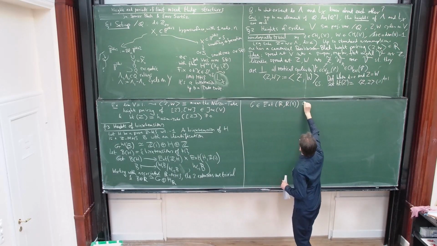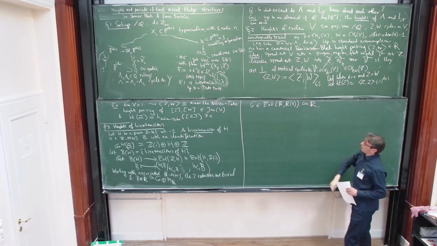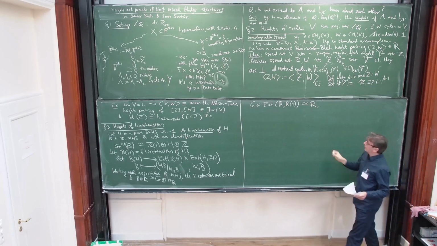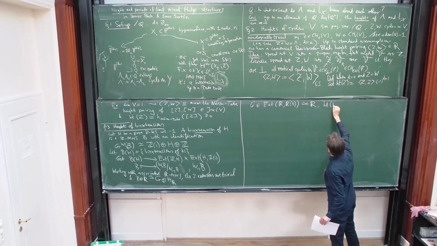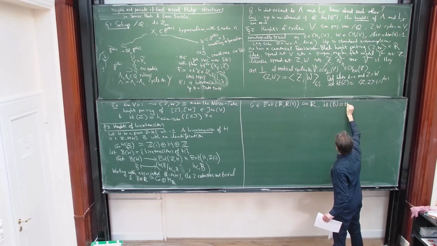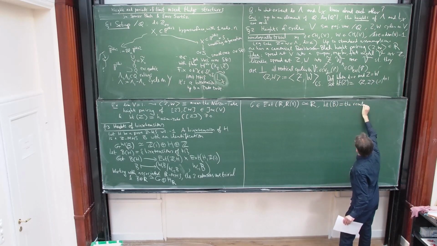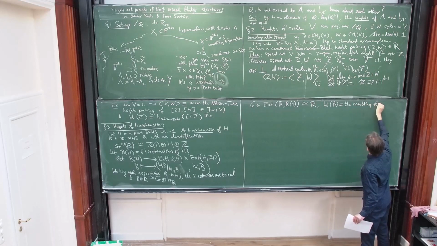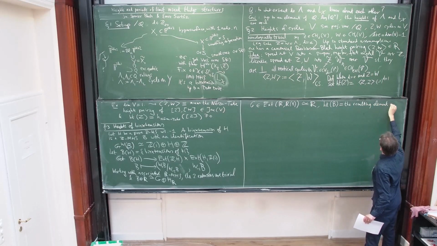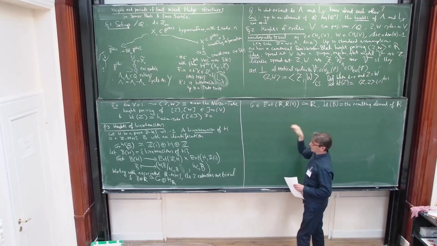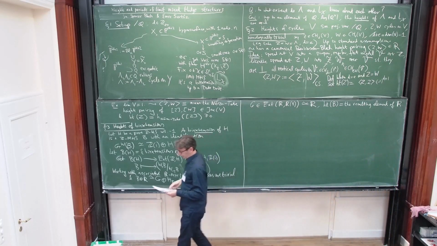And this is canonically isomorphic to R. And the height of B is the resulting element of R here in this canonical identification.